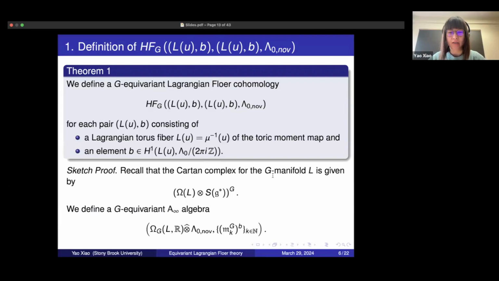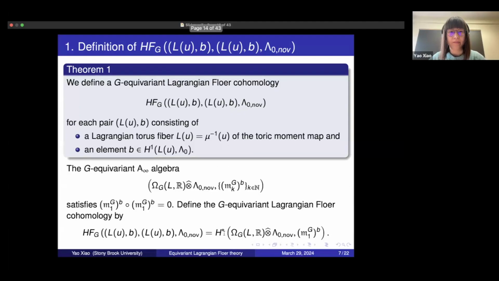Remember here, G is the subtorus T^R. We can define a G-equivariant A infinity algebra where the complex is given by the Cartan complex, and the equivariant A infinity operators are given by counting disks equivariantly.